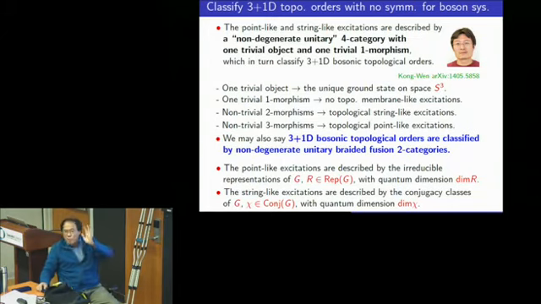And the reason is also very simple. When you have a membrane-like excitation in 3 dimensions, there's nothing to remotely detect the membrane because you cannot braid around the membrane. So membrane is not allowed. Although in principle it is allowed, to have a realizable topological order, membrane is not allowed.